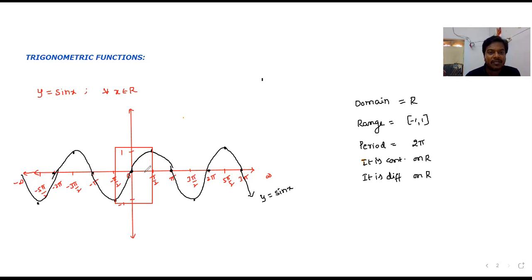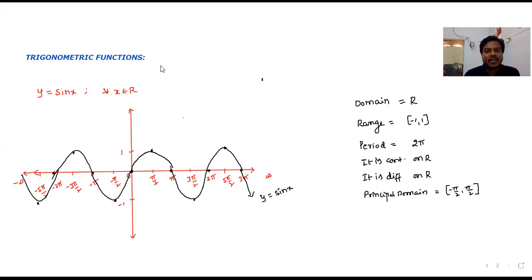Therefore, different values of x have different images. Therefore, clearly it is one-one. And codomain equals range in the interval -1 to 1. Therefore, only from minus pi by 2 to pi by 2, if you see the graph, it is bijective. Therefore, the principal domain can be written as minus pi by 2 to pi by 2. Okay. This is about the graph of y equal to sin x.